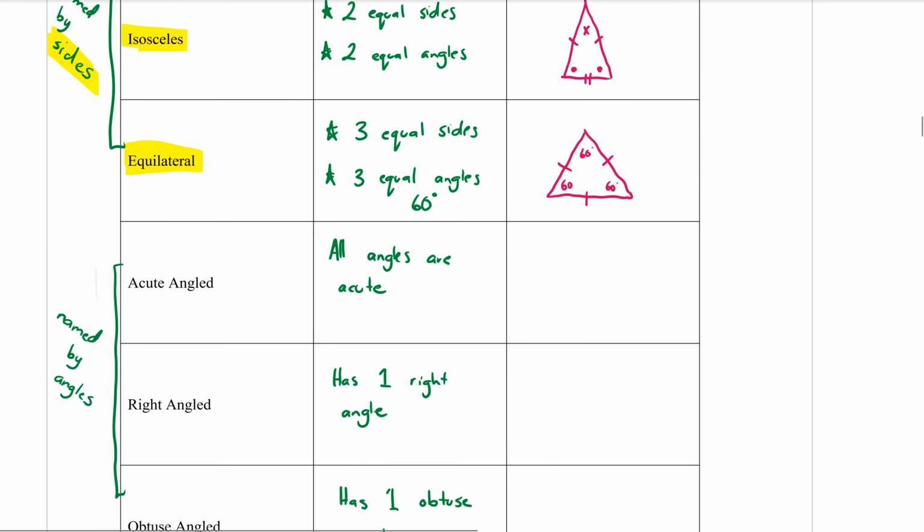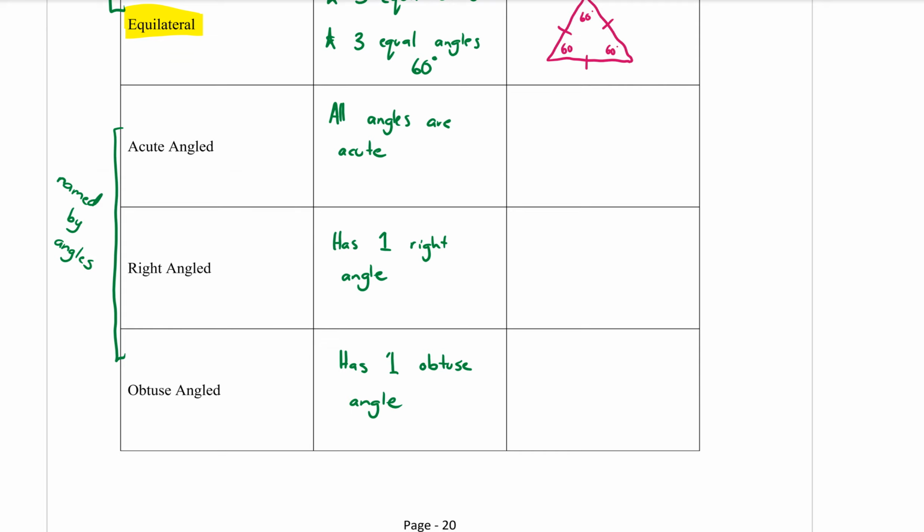The next three names here are triangles that are named by the angles that they have in them. So the first type of triangle is going to be the acute angled triangle, and that means that all the angles are acute. Acute meaning less than 90 degrees. So something like this.